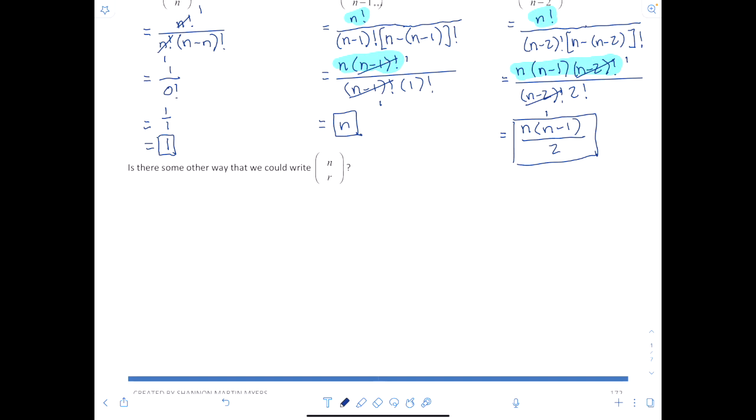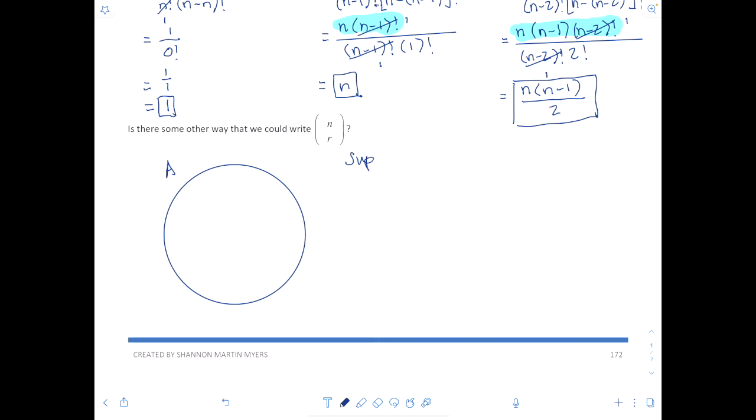So is there some other way we could write N choose R? Let's say we have some set A. So this whole thing is the set A. So suppose A is a set with N elements.